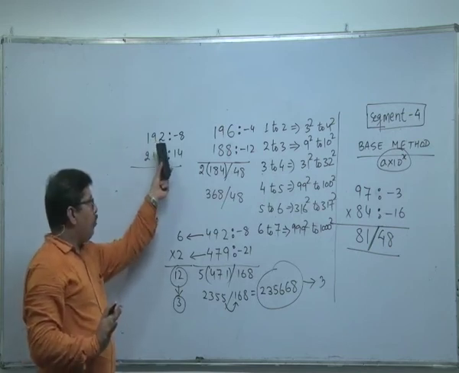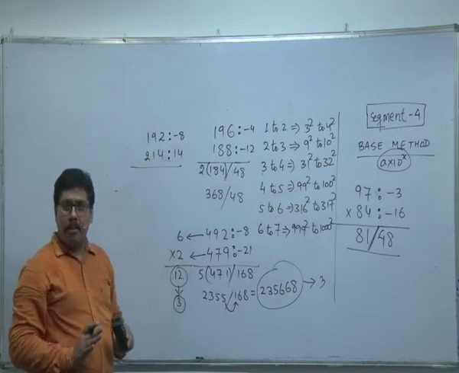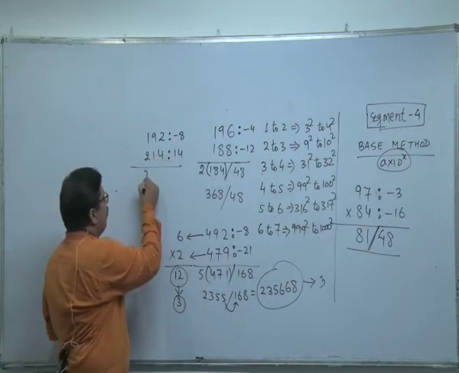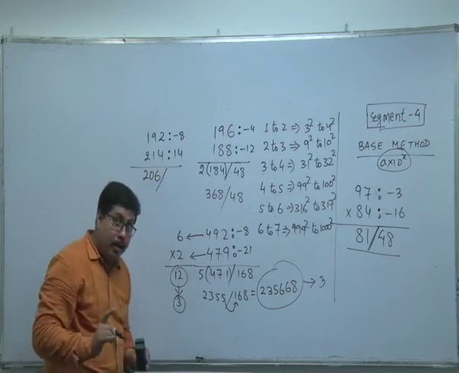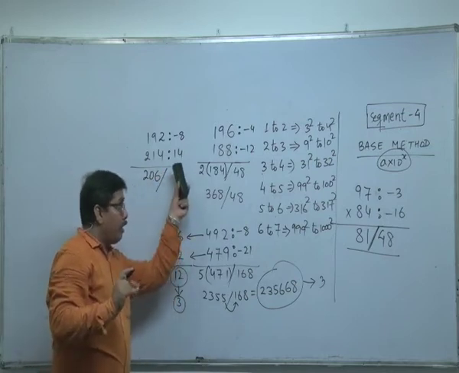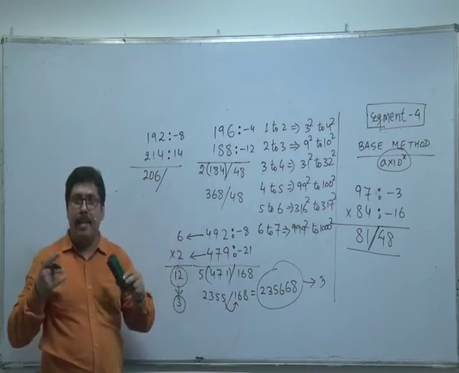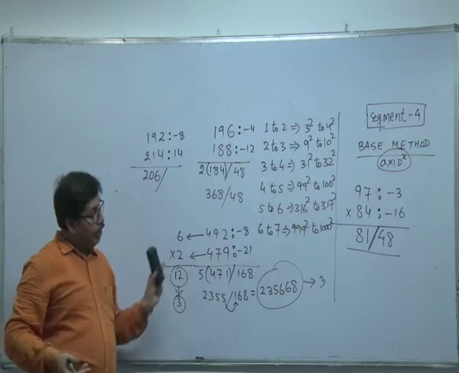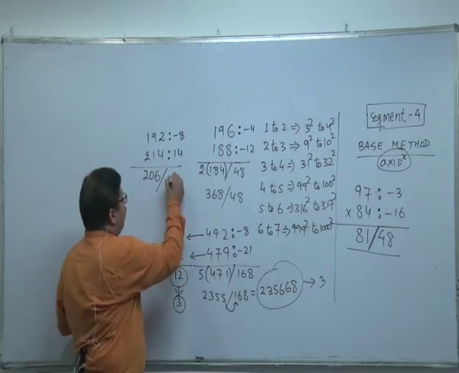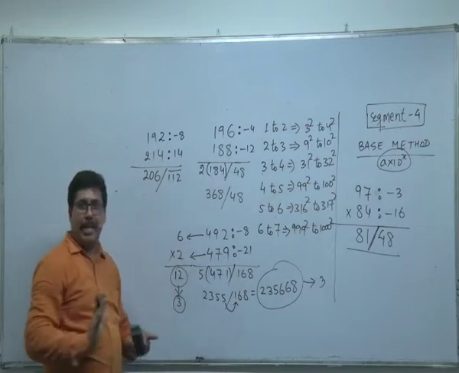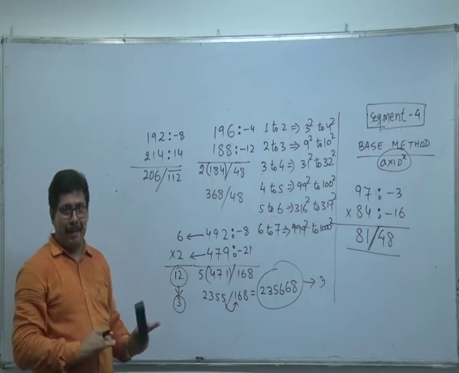So 192 plus 14 is 206, and this plus this is also 206. Then slash, and just notice one thing which is very interesting. First time we are getting a negative number, unlike the previous cases. So 14 into minus 8 is minus 112. We want a positive number, but we are getting a negative number.